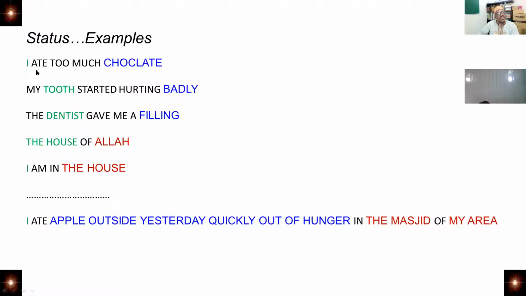For instance, I ate too much chocolate. My tooth started hurting badly. The dentist gave me a filling. The house of Allah. I am in the house, for instance. Note the coloring.